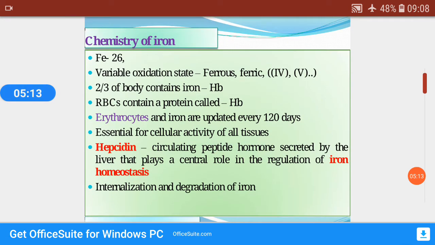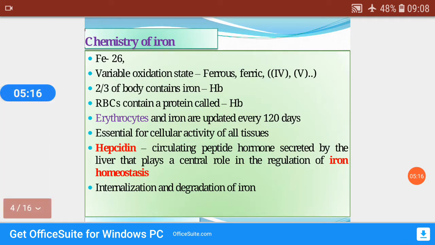So next is chemistry of iron. As we all know, its atomic number is 26.